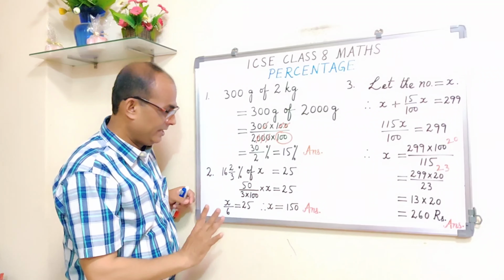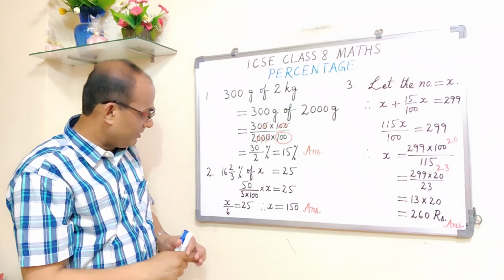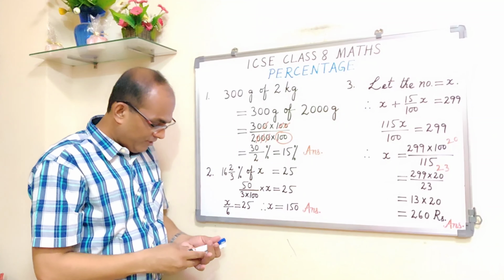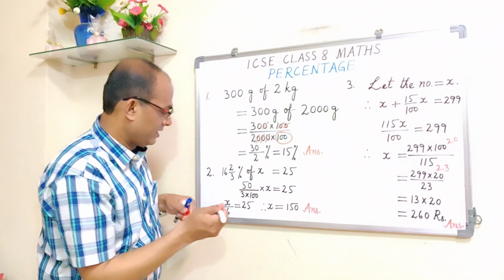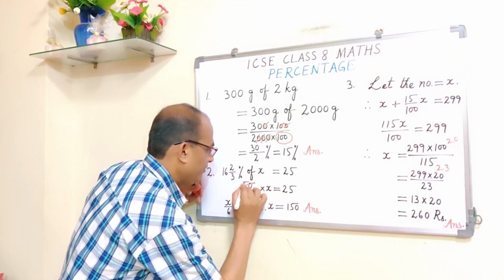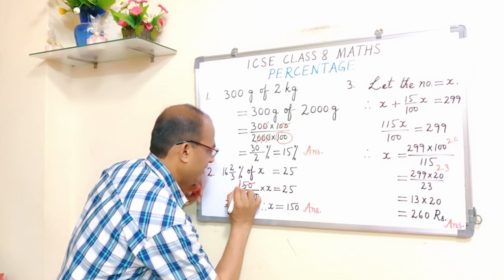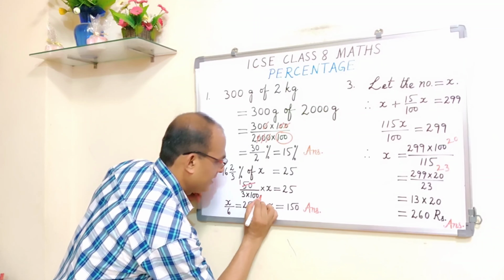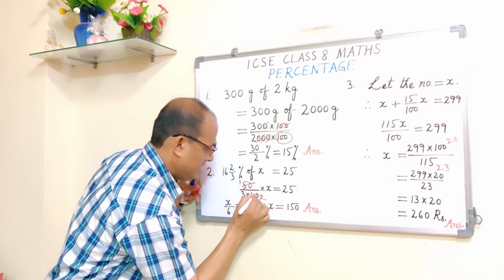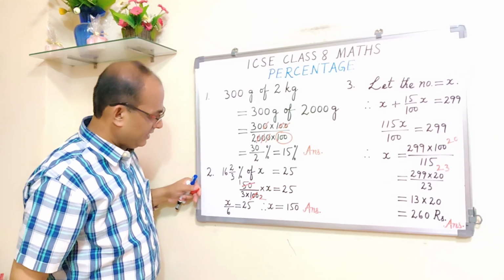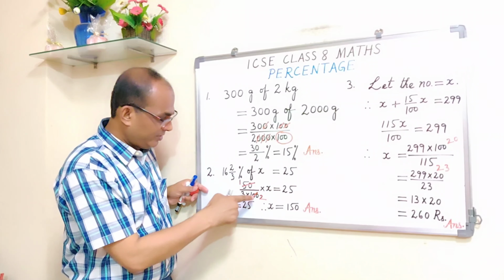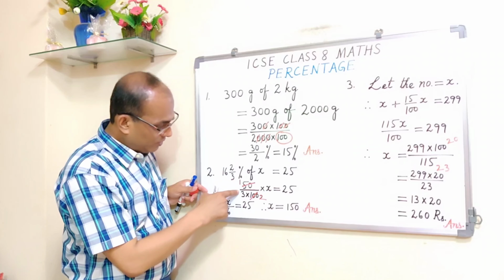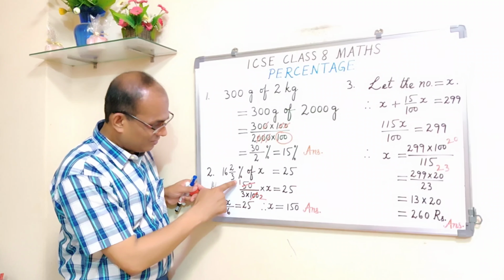Now after this, see, 50 ones are 50, and 50 to the 100 is 1/2, so 1/6.